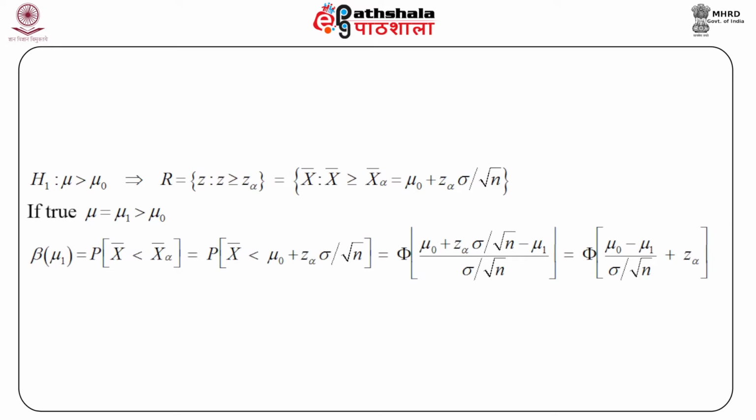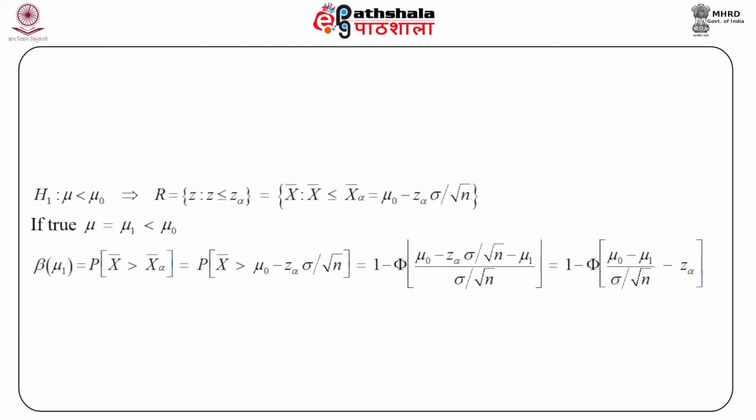And this can be further simplified and is equal to phi of mu 0 plus Z alpha into sigma by root n minus mu 1 upon sigma by root n, and is equal to phi of mu 0 minus mu 1 upon sigma by root n plus Z alpha. So we have similarly the second hypothesis and the third alternative. In the second one we have mu less than mu 0, and what we get is beta mu 1 comes out to be equal to 1 minus phi of mu 0 minus mu 1 upon sigma by root n minus Z alpha.